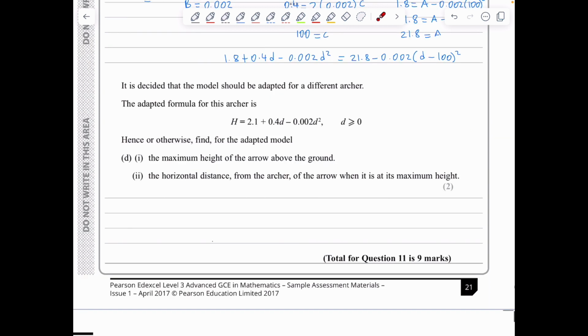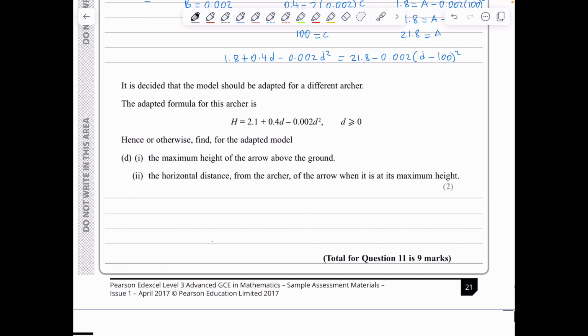It is then decided that the model should be adapted for a different archer, and the adapted formula is given here. It says find the maximum height of the arrow above ground for this new model. So I will be using my answer to the previous part. I noticed that the structure, the formula for capital H, is very similar to the formula we originally had.